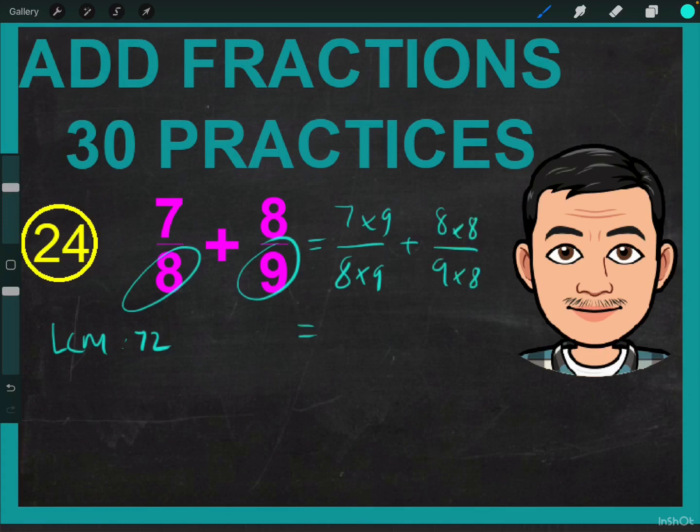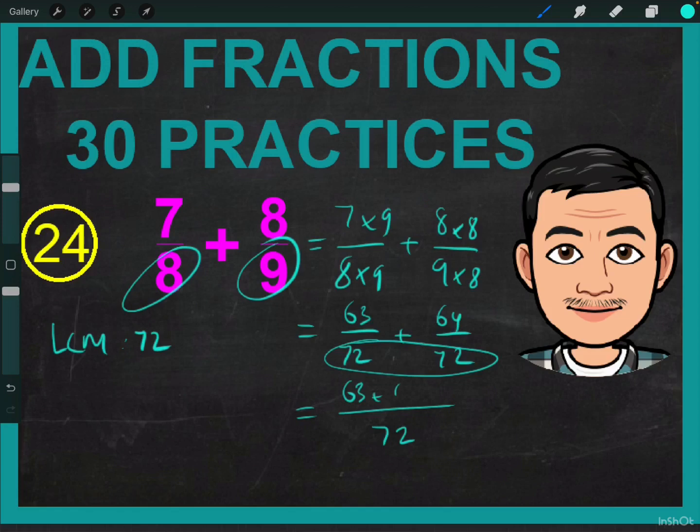So we got 63 over 72 plus 64 over 72. Now the two fractions have the same denominator, so we will write it as the denominator for the answer, and then we add 63 and 64 for the numerator, and we get 127 over 72 as the answer.